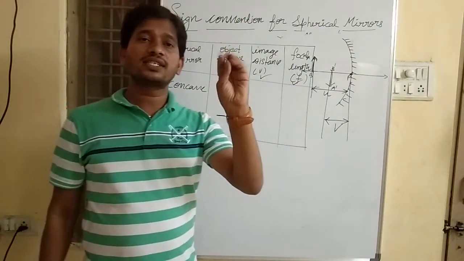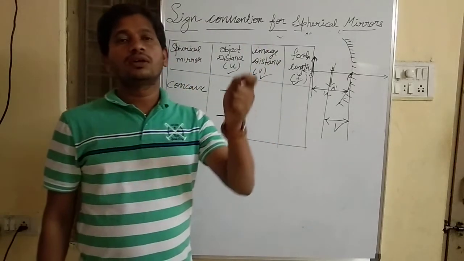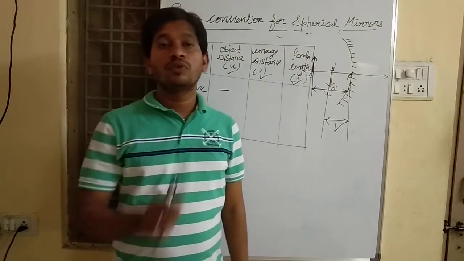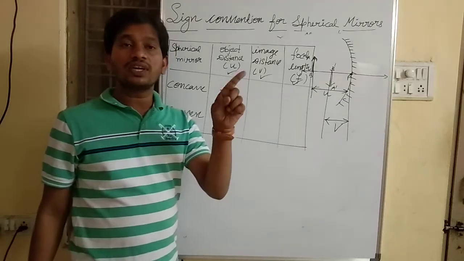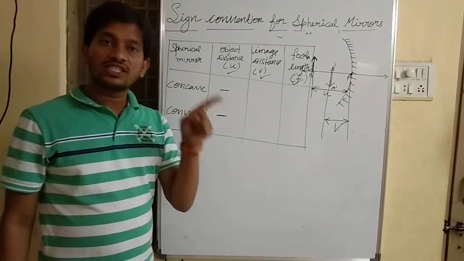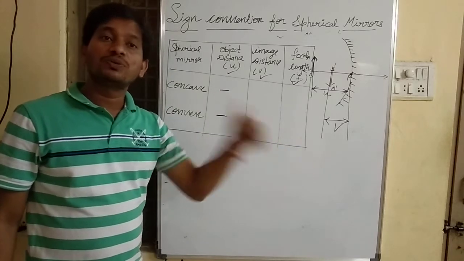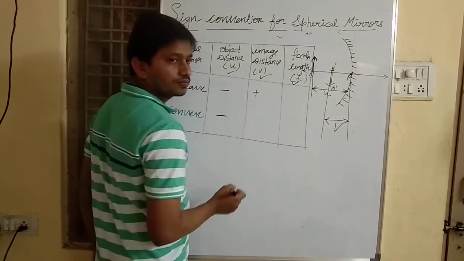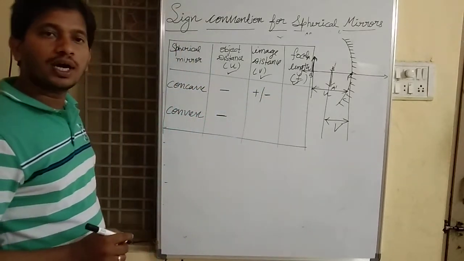For 5 cases we get a real image, but if we place an object between pole and focus, we get the image behind the mirror, which is a virtual image. In that case image distance will be positive. So it may be positive or negative.